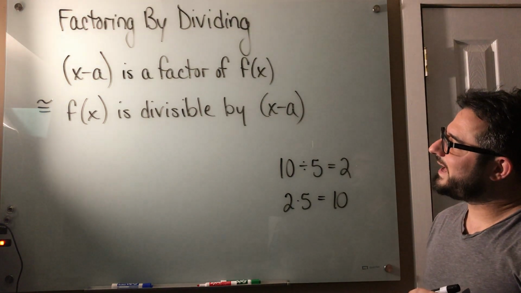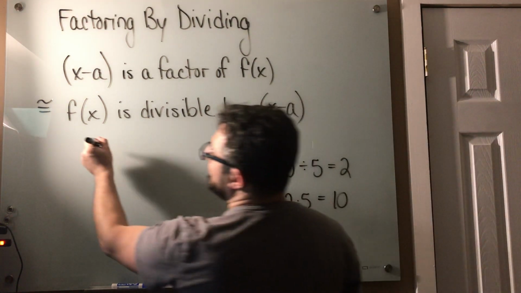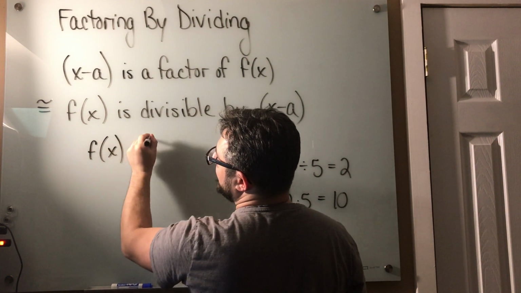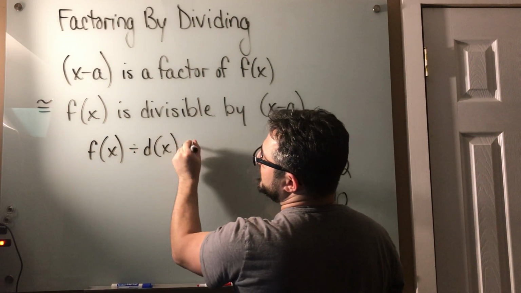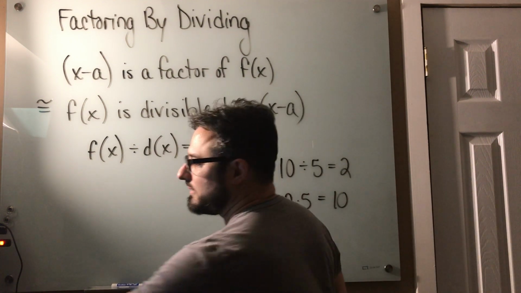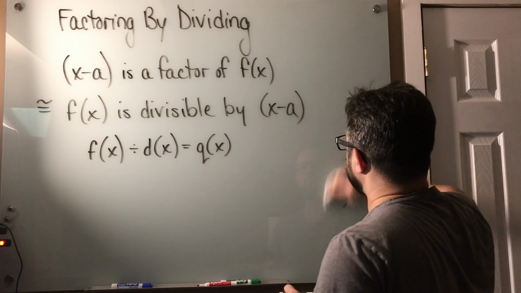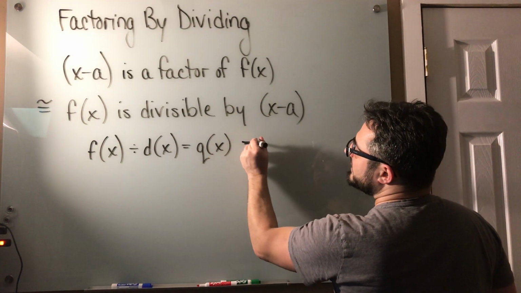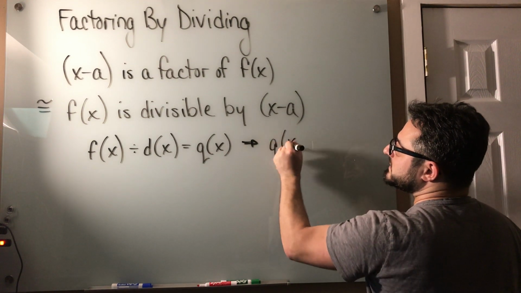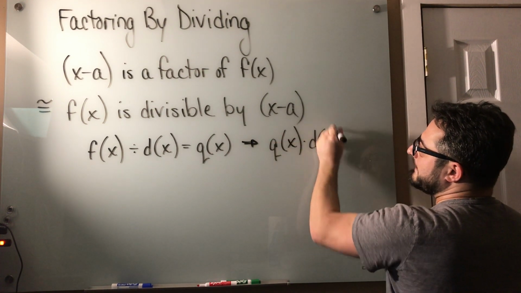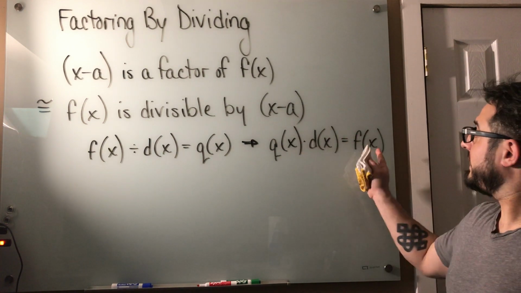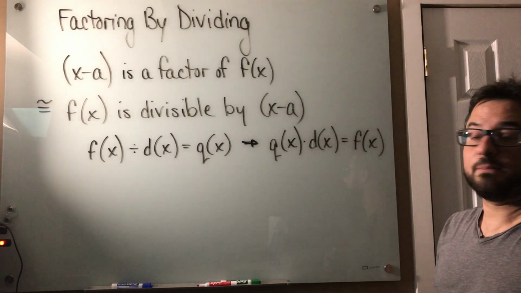So the idea is that if f of x divided by some divisor gives us a quotient with no remainder, then the quotient times the divisor is equal to the original polynomial. And that gives us a way to factor the original polynomial.